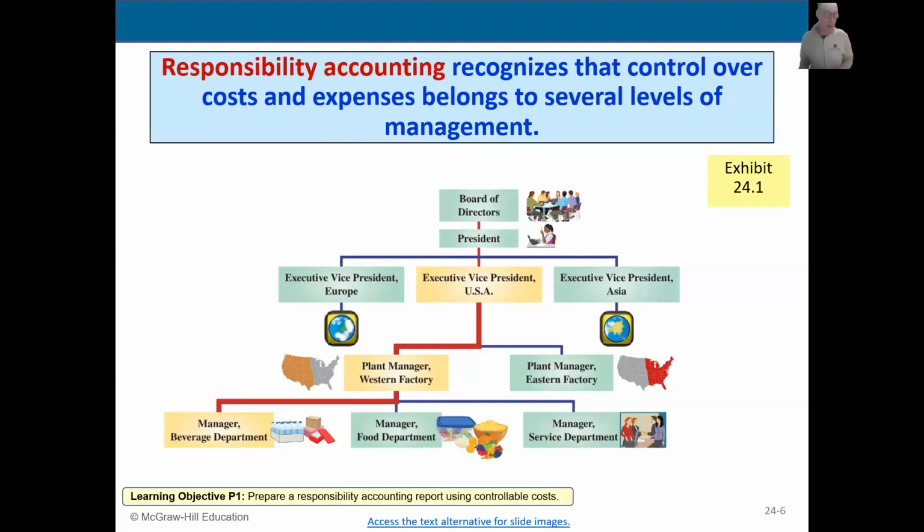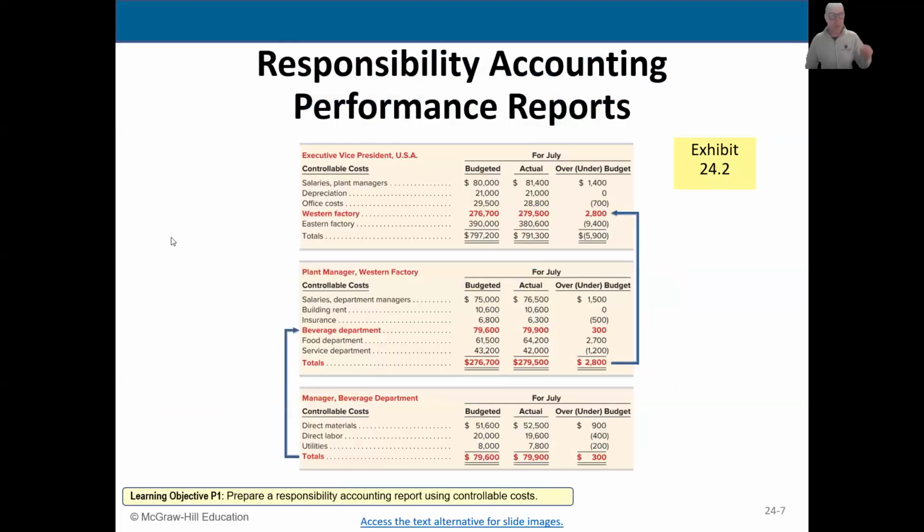The reason why this slide is important for you to understand the different levels of management is because in responsibility accounting, we look at what's called performance reports. These performance reports list out the actual costs that managers are responsible for and their budgeted amounts.